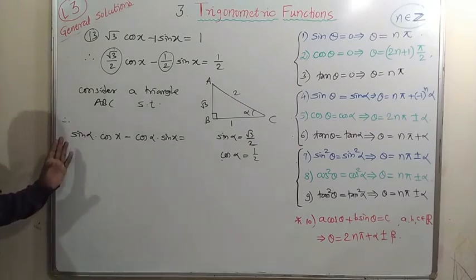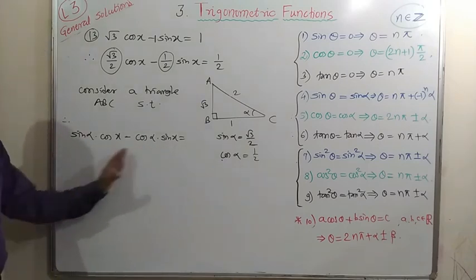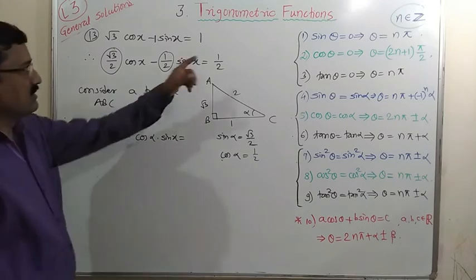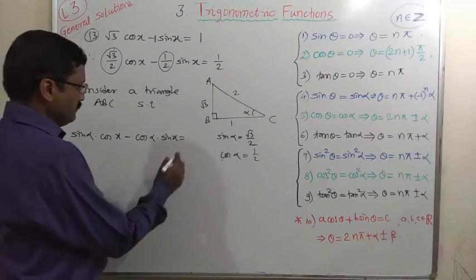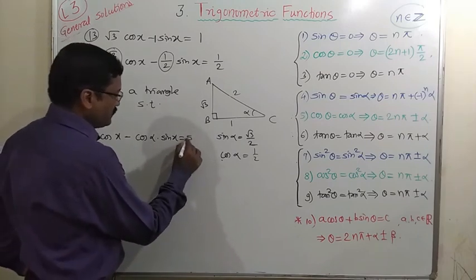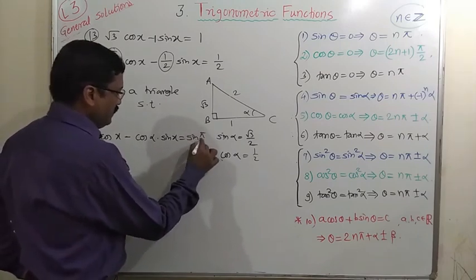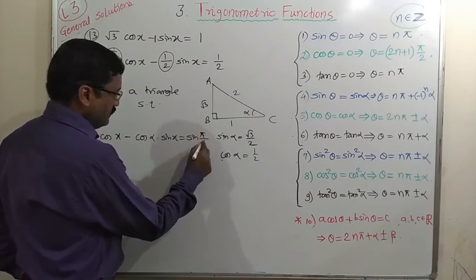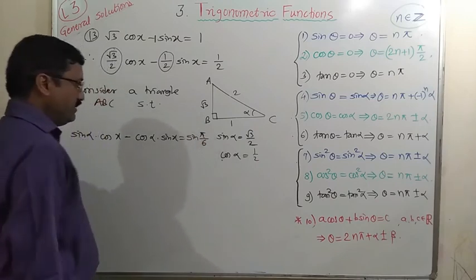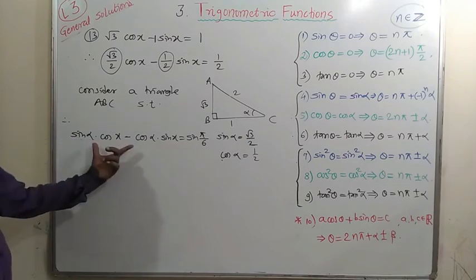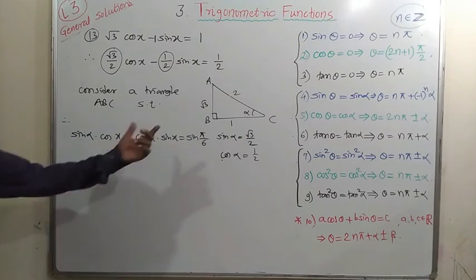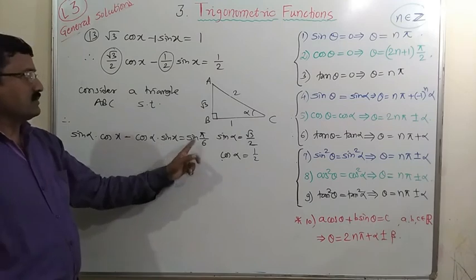Now here the formula is sin cos minus cos sin, so it is related to sin, so take the sin ratio whose value is half. So here we will write sin pi by 6. Why have we chosen sin? Because in the next step we will get sin on the left, that's why we are using the sin ratio for this value half.